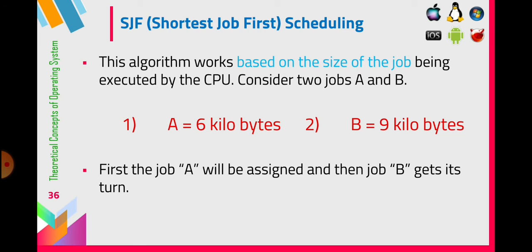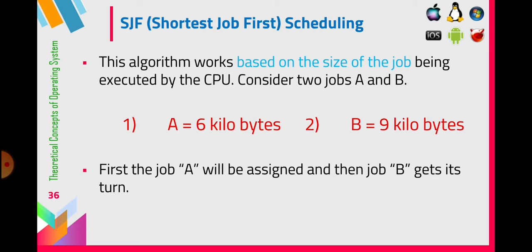For example, when students get assignments from the teacher, they look at the assignments, and the one with the small size is processed first. In the same way, in this SJF algorithm, the job is selected based on size. Whichever job has the minimum size, that file is processed first.